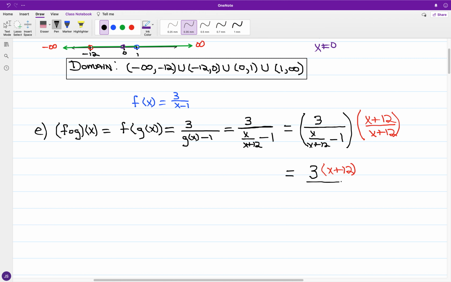And to show you the dynamics that will be created where the denominator terms are concerned. So we now have x over x plus 12, and that's going to be multiplied by x plus 12 in the denominator.